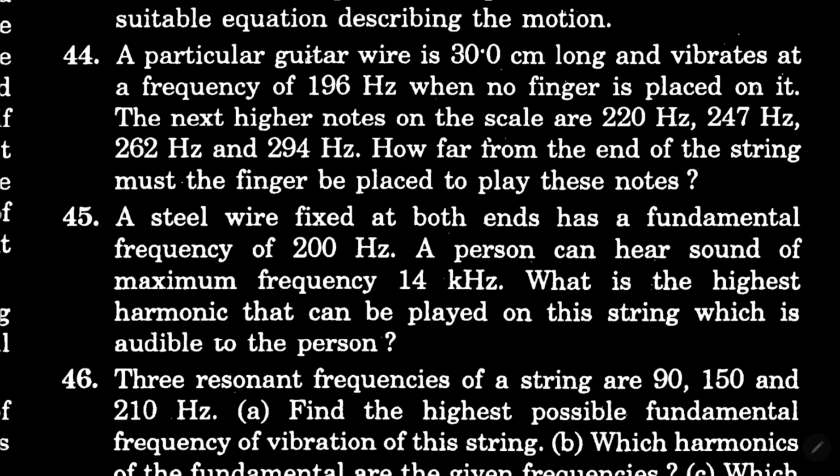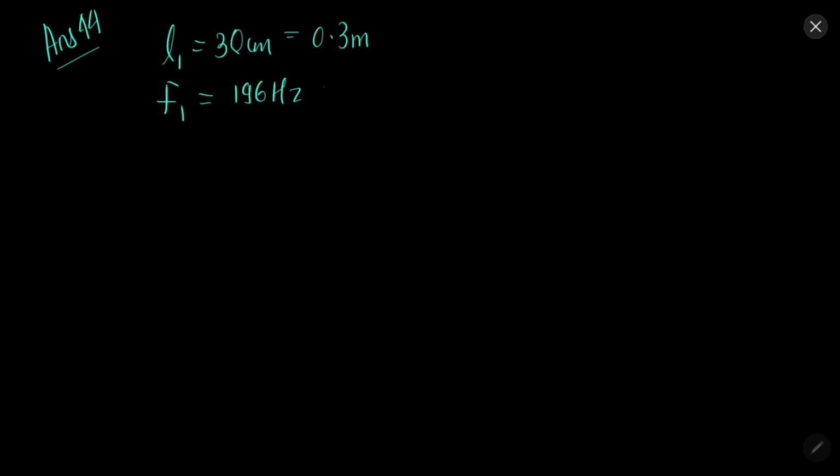In question 44, a particular guitar is given to us. How far from the end of the string must the fingers be placed to play these notes? Solution 44. So L1 30 centimeter, F1 196 Hz, F2 220 Hz.